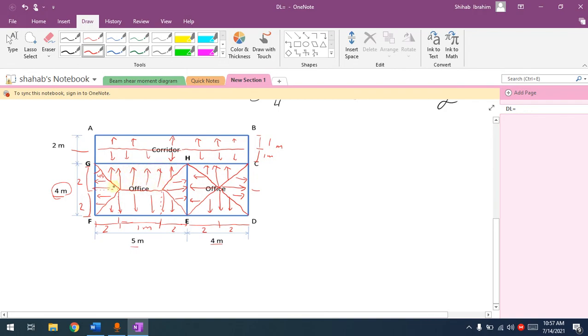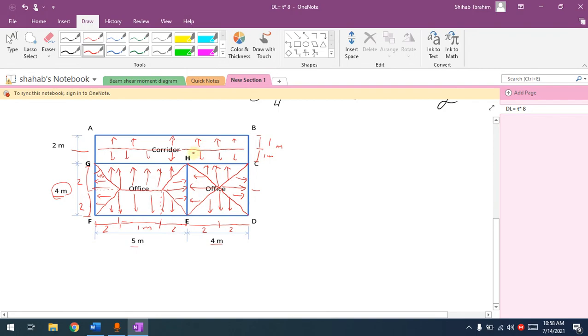Now in the question, it was asking us to draw the sketch of the beam GHC, a distribution of the load on GHC. Now how many loads are transferring from the slabs to the GHC? From two sides.